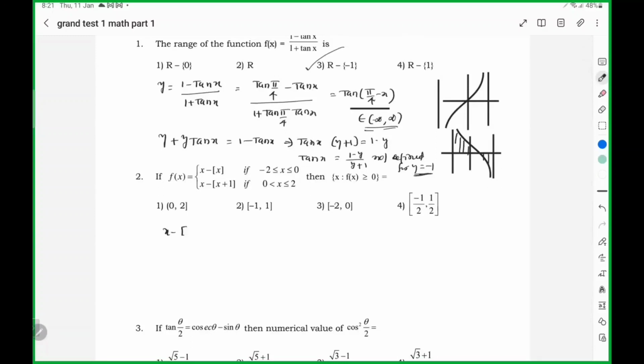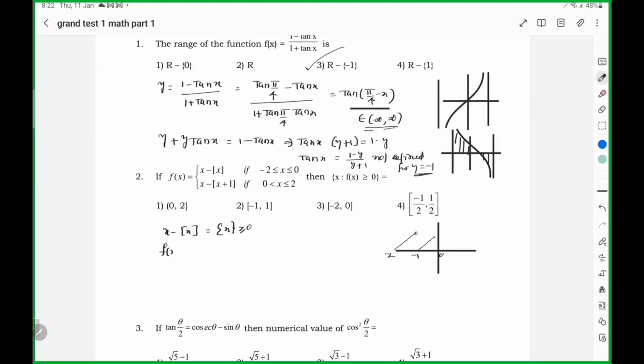Here x minus integral part of x is the fractional part of x. Between minus 1 and 0, the fractional part is always positive. Between minus 2 and minus 1, it will be like this.